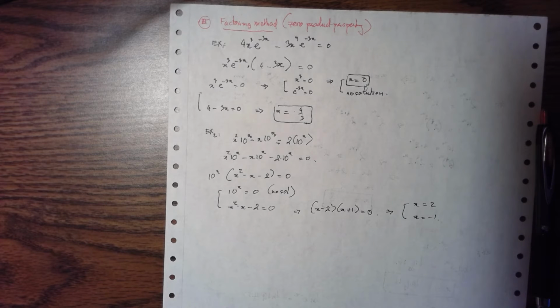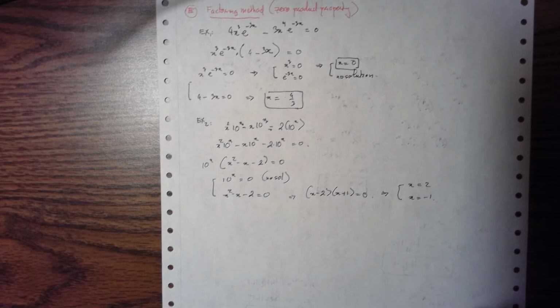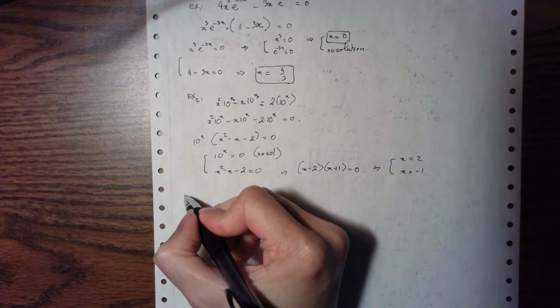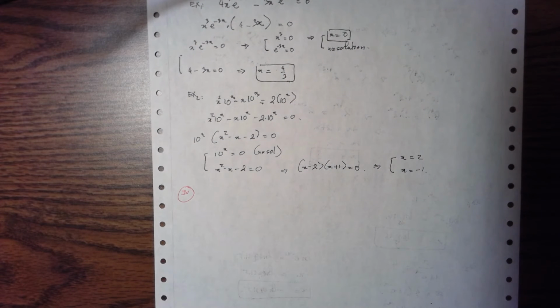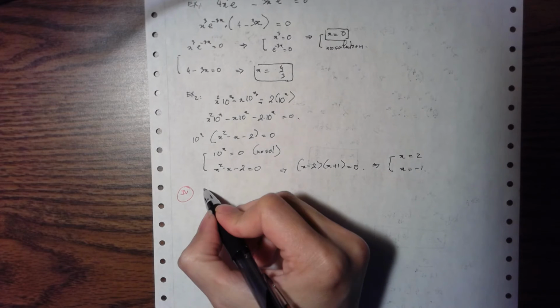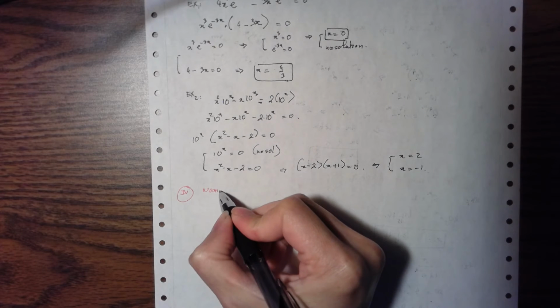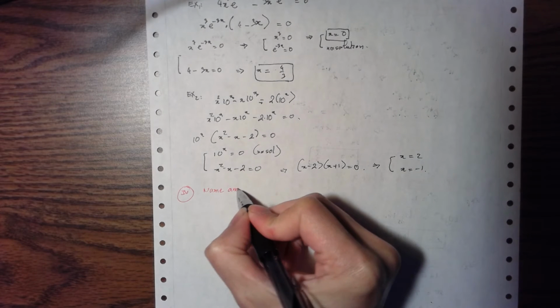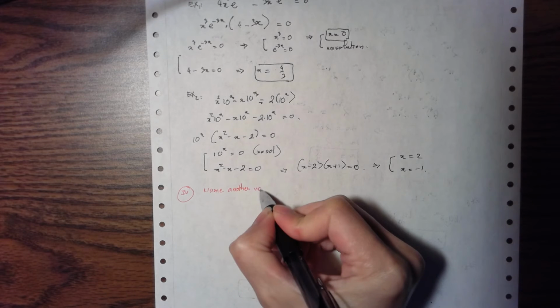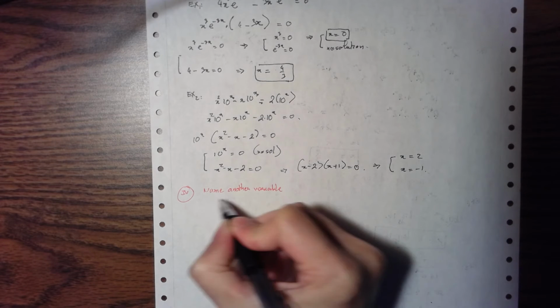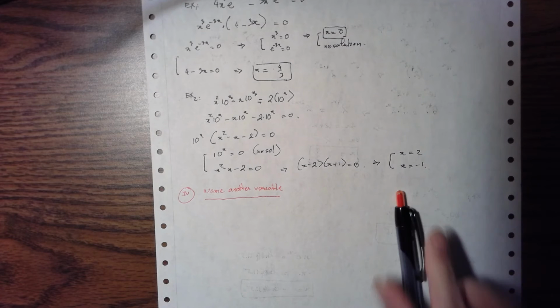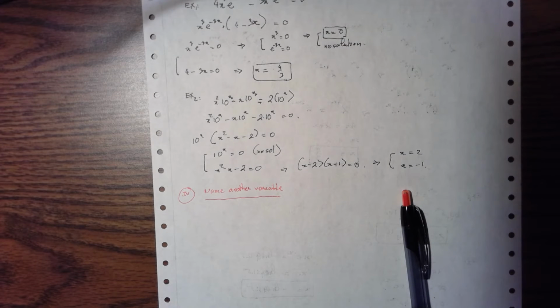Okay. The last method is naming another variable. Actually, for any equation you've learned to solve so far, naming a variable is one of the methods.